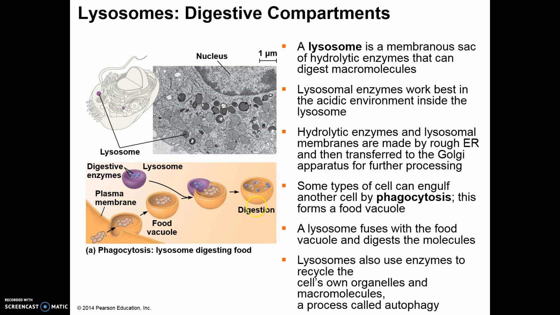Now, in addition to bringing in food from the outside, we can actually utilize a very similar process to recycle some of the cell's own material. So if we have larger organelles that have ceased to be functional, we can envelop those in their own separate food vacuole and then digest that material.